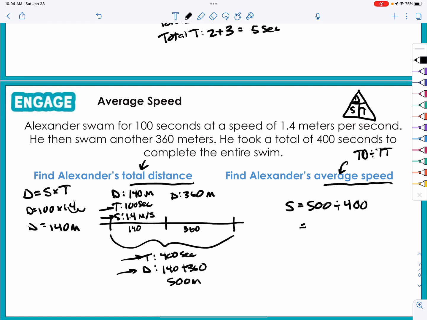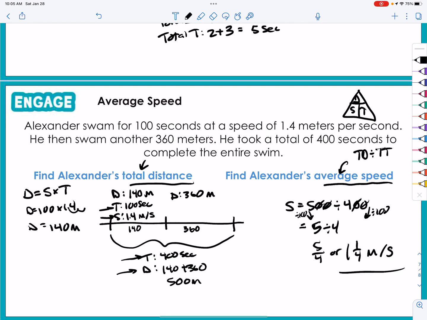And I know I could use proportional relationships where if I divide both of these by 100, it's essentially getting rid of those two zeros. So I have 5 divided by 4, or 5/4, which is 1 1/4. So his speed is 1 1/4 meters per second, according to this problem.